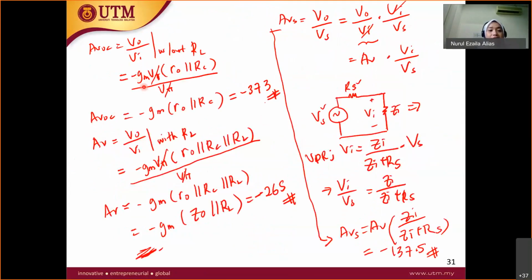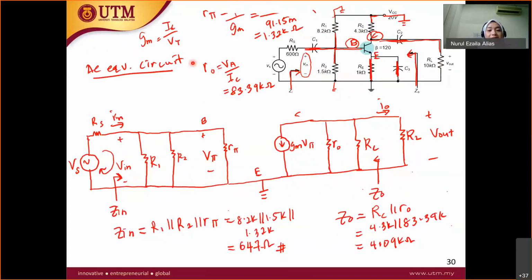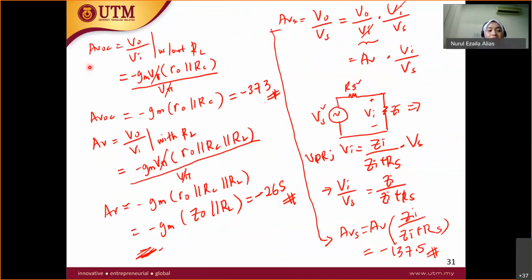So it is negative gm V pi times the total resistance that you see from the output. Since we are calculating AVOC without RL, you don't include RL in the equation. Therefore AVOC equals negative gm times r naught parallel with RC. Then you find AV, V out over V in, with the same method but now with RL.